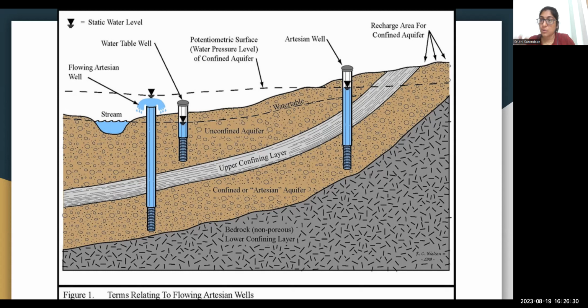Unsaturated zone is the zone consisting of pores where air is also there, and a bit of water is also there. When all the pores are completely filled with water, then it is called saturated zone. Capillary zone is that portion just above the water table where water movement is happening because of the capillary action of those pores. So, since there's no mention of capillary action or anything of that sort, I think the most appropriate answer would be unsaturated zone.